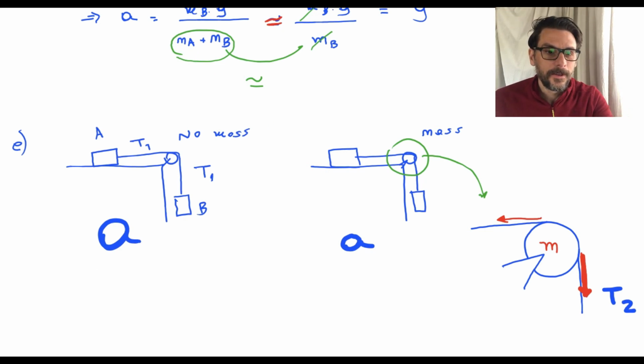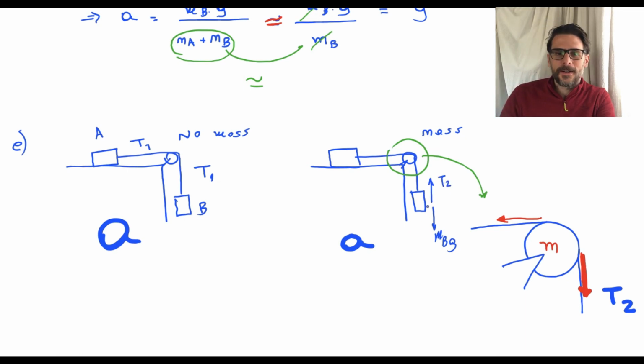Therefore, out of the two forces that were acting on B, its own weight, mass B times gravity, and this tension that is now called T2, since B will be accelerating with a smaller acceleration, now T2 must get closer to the weight of B. So what we must state is that this is our answer.